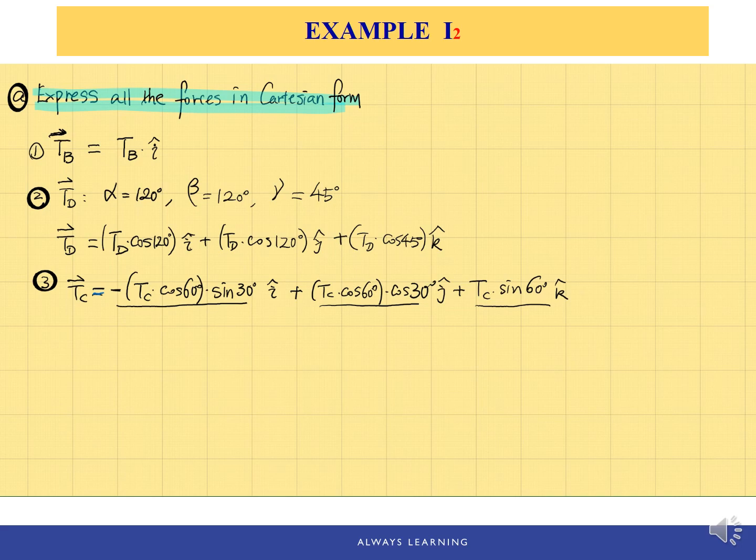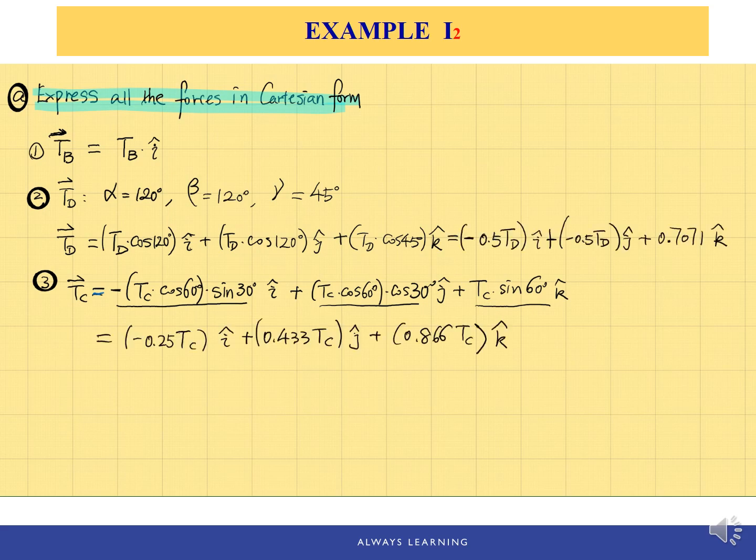So that means we only have three unknowns, TB, TC, and TD. Now let's do some simple calculation to simplify those equations. So now my TB is just TB i hat.